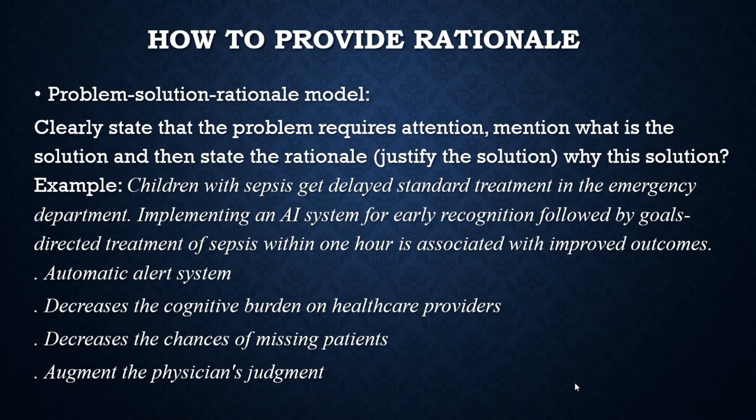You've defined this in your background, but here you're emphasizing that the problem requires attention. Second, clearly mention what the solution is, and then state your rationale or justification for the solution.